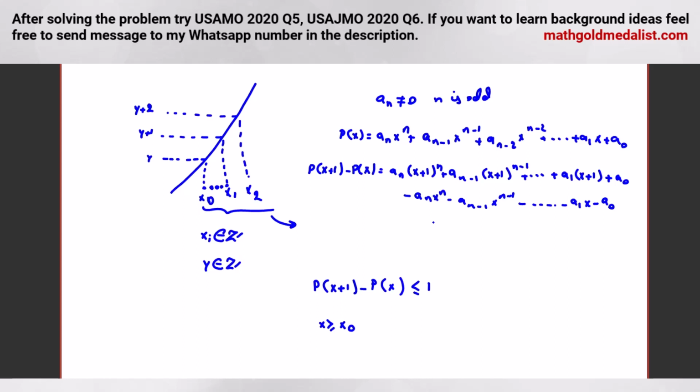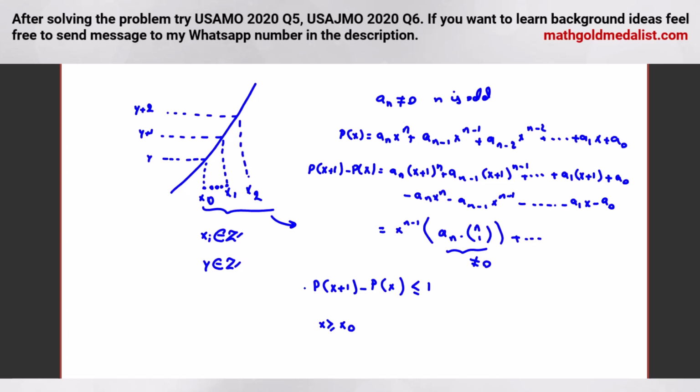An times n choose 2 plus an minus 1 times n minus 1 choose 1. Oh, sorry, an times n choose 1. Then what? Only this. An, do you agree it is not 0? Right. Because n is not 0, an also is not 0.